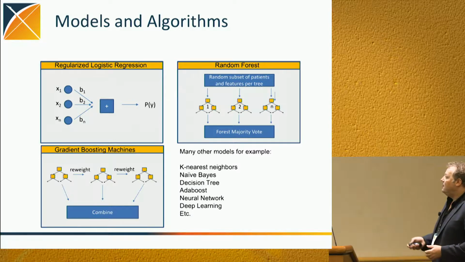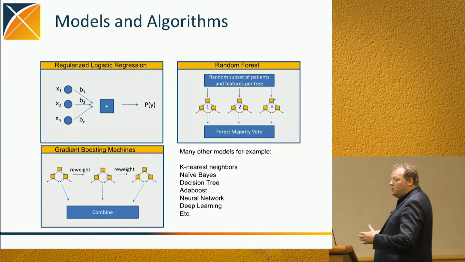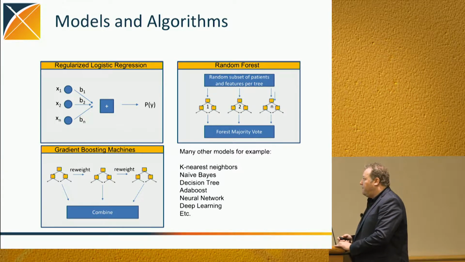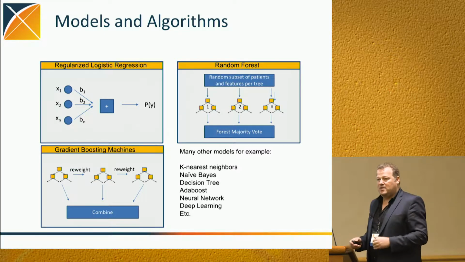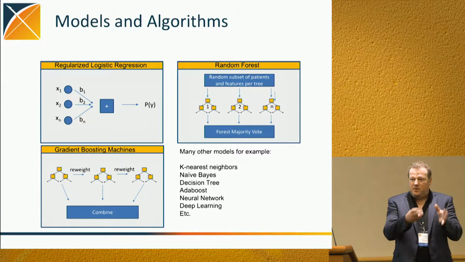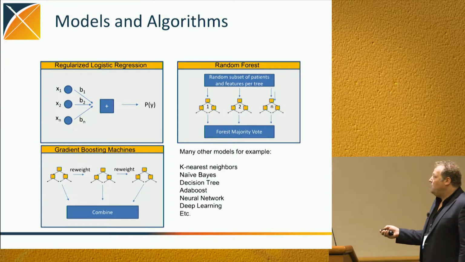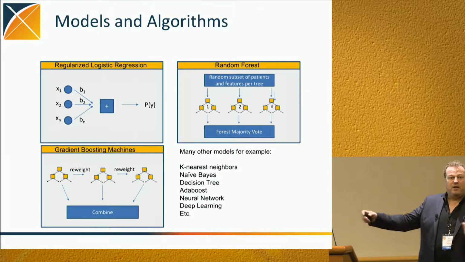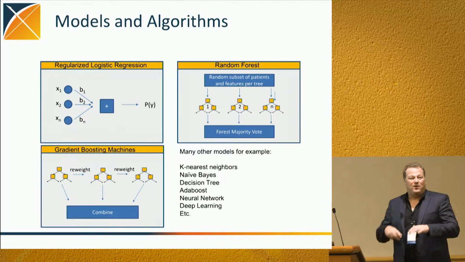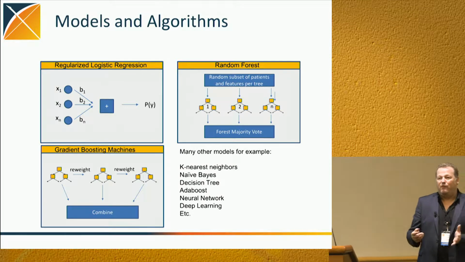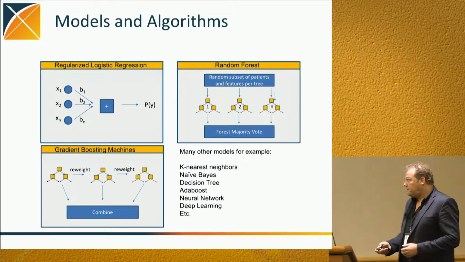Regularized regression, random forest, which is a tree-based approach, where a subset of the patients are selected and a subset of the variables are selected, and within that subset we build a tree, and multiple of these trees are built in parallel, so it's a kind of ensemble of trees. That's why they call it a forest. And there's a majority vote across the trees, and that will be the final prediction.